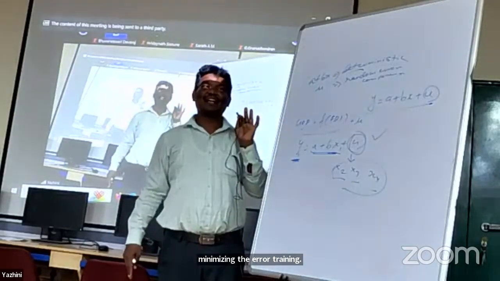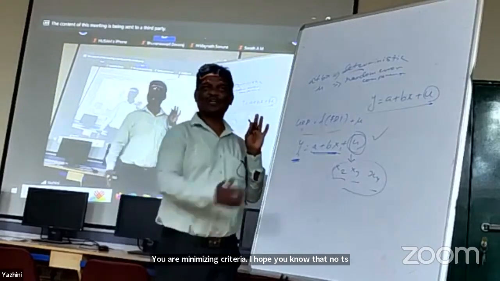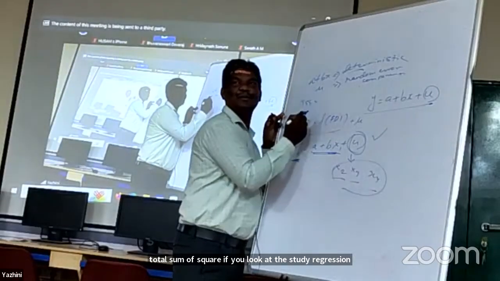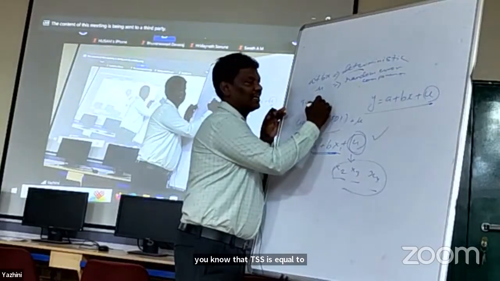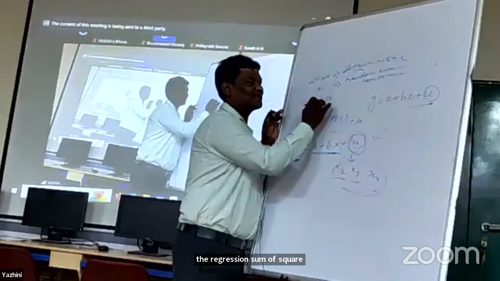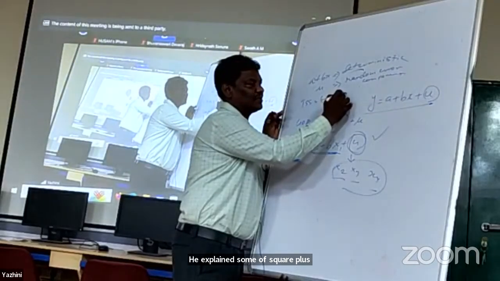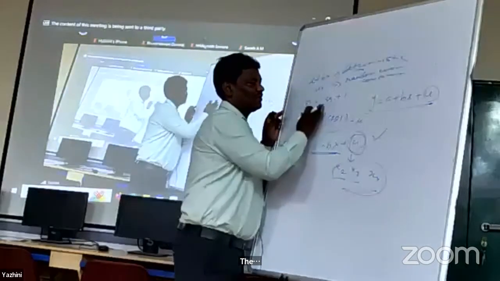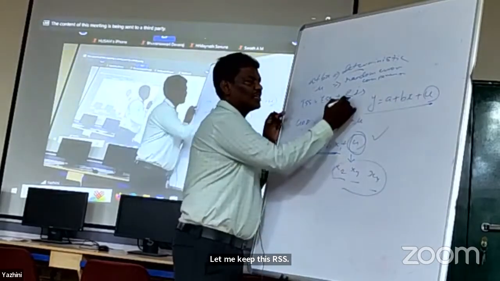I hope you know TSS, total sum of square. You heard about the total sum of square. If you look at the study regression, you know that TSS, the total sum of square, is equal to the regression sum of square, or explained sum of square in some textbooks, plus the RSS.